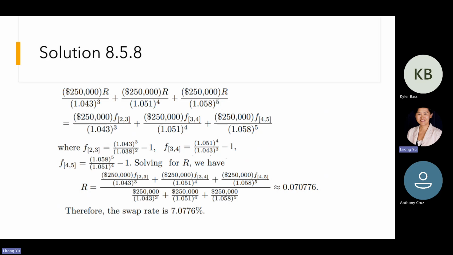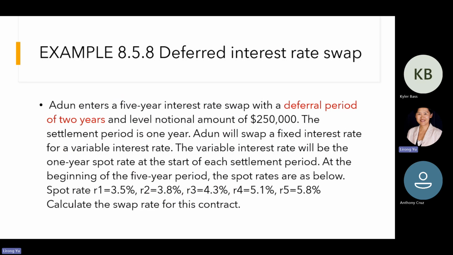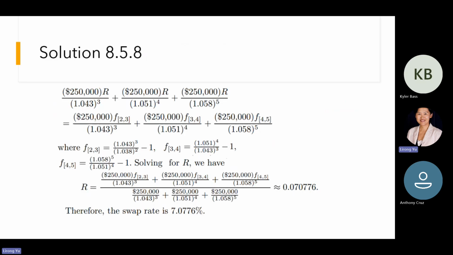So the interest for the fixed payment is 250 million times R. We are discounting using the spot rates at years 3, 4, and 5; R3, R4, and R5 are being applied. And then you also have to determine the floating rate, which you're going to need in the 3rd year, from time 2 to 3. I mean, the 1st year is 0 to 1, the 2nd year is 1 to 2, so the 3rd year is 2 to 3.